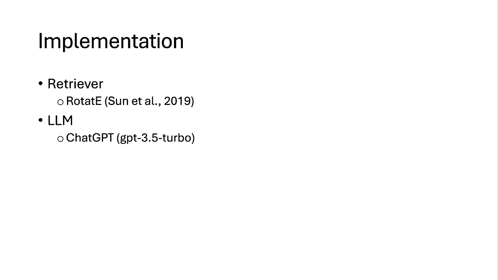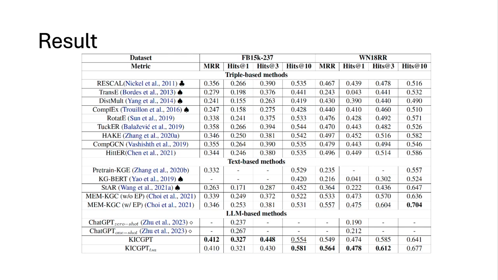Now moving on to the implementation. In the retriever part, in this research work, they used the RotatE model, and in the re-ranker part, they used the ChatGPT GPT-3.5 Turbo model as the LLM.